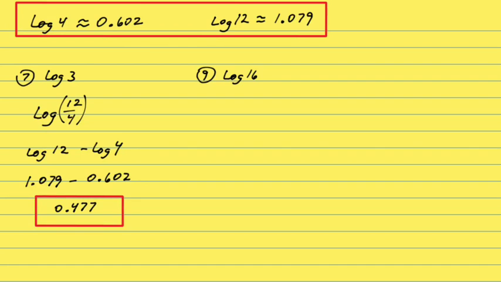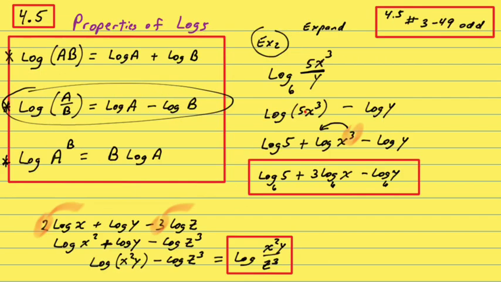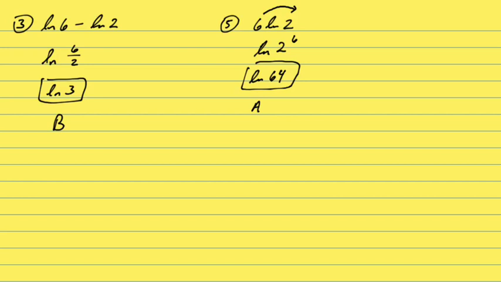How could I get a 16 using these numbers? Well, maybe I could do 4 to the 2nd. 4 to the 2nd is 16. I could pull the 2 out front using this property of logarithm. The bottom one here allows me to pull the exponent out front.